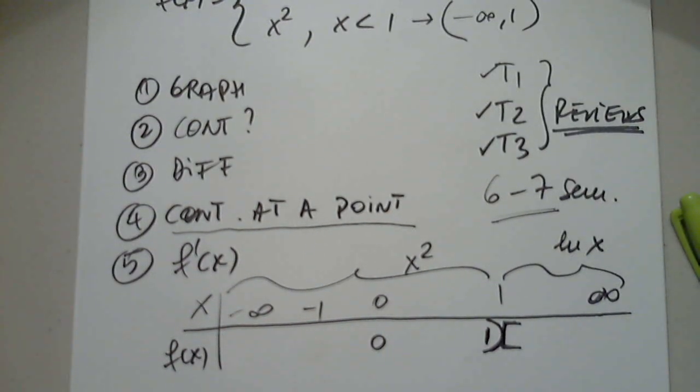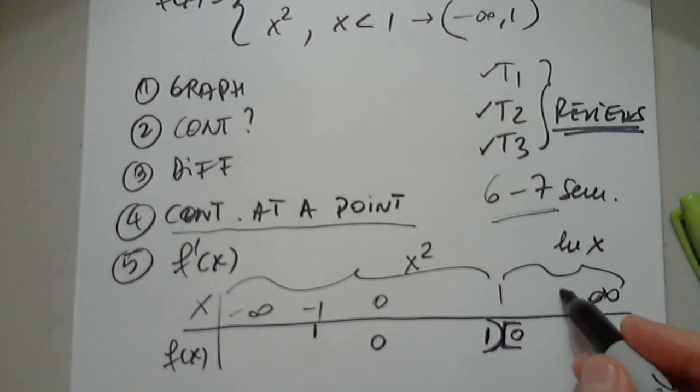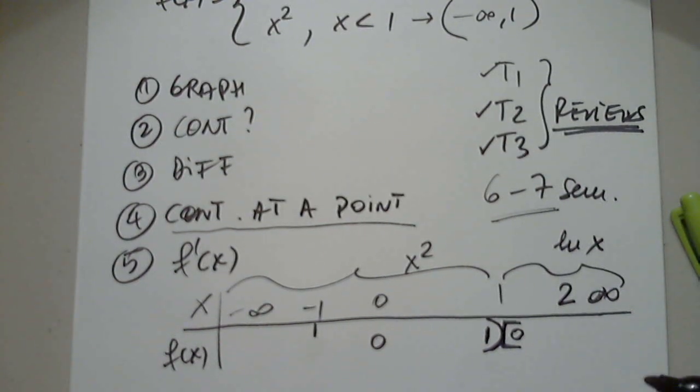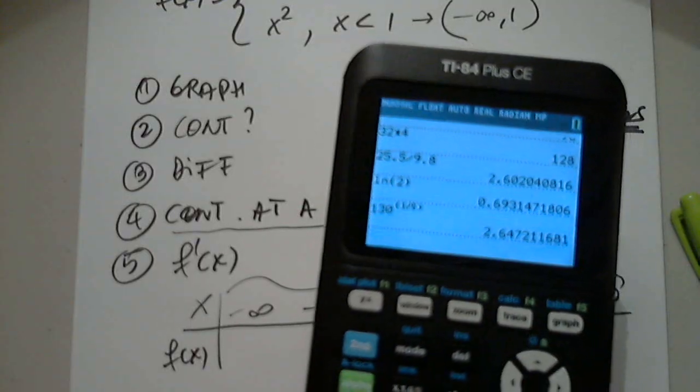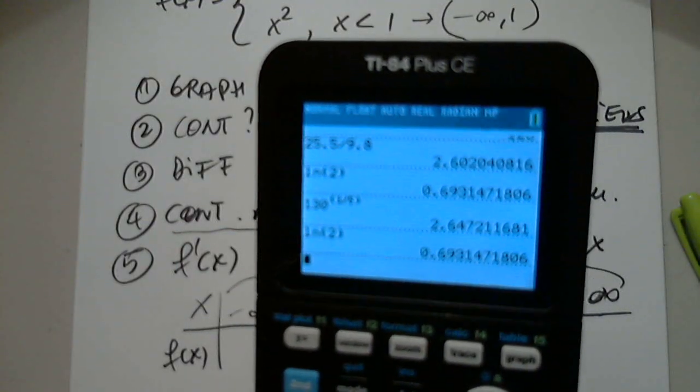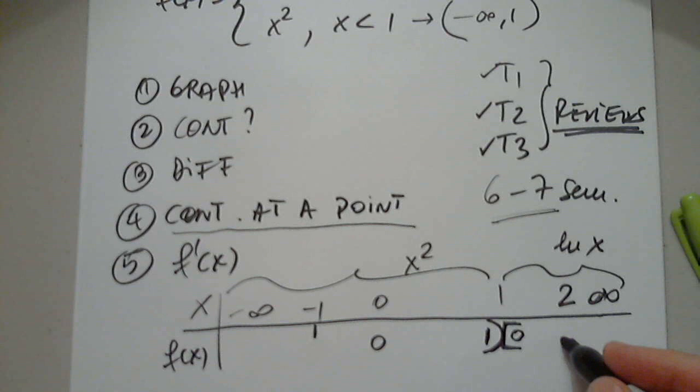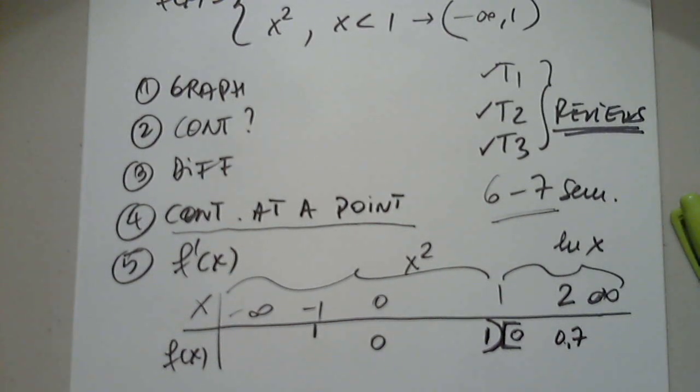So this is of course 1, and 1 here will give us 0. And yes, you have to plug in another x for a second ordered pair. So this is natural log 2. I don't know exactly what natural log 2 is. I need an approximation: 0.69, so approximately 0.7.